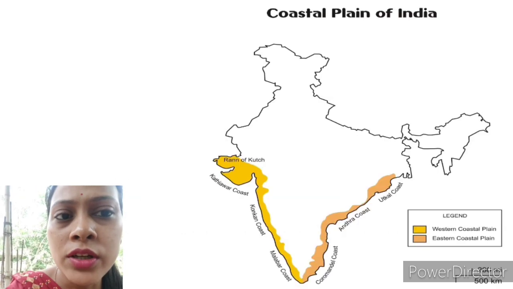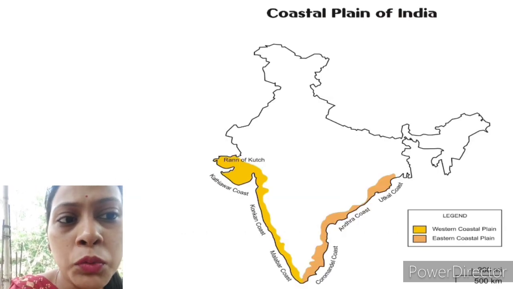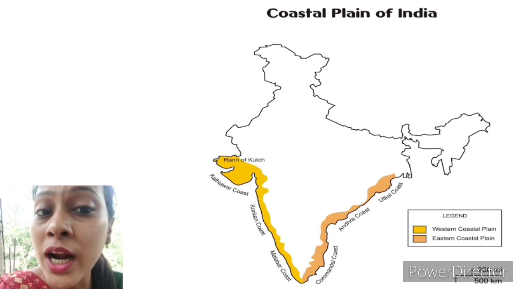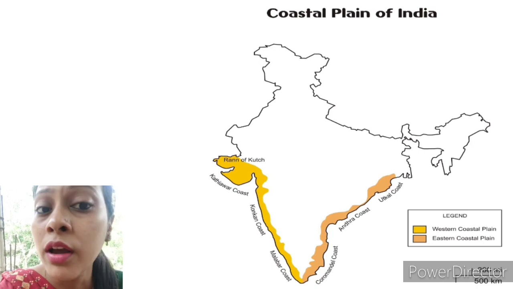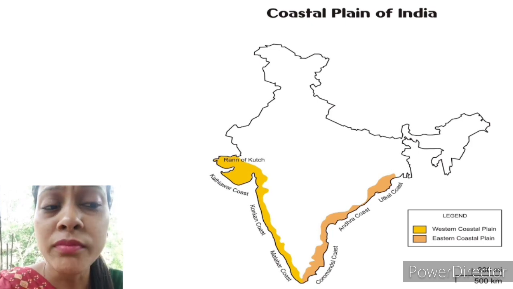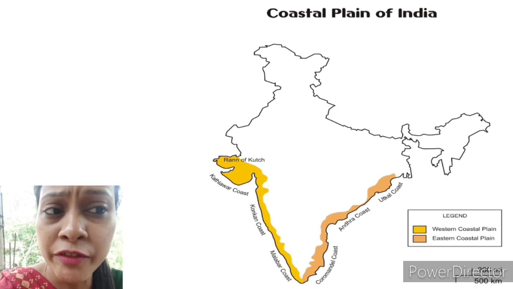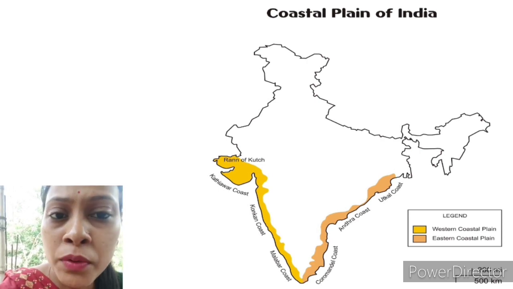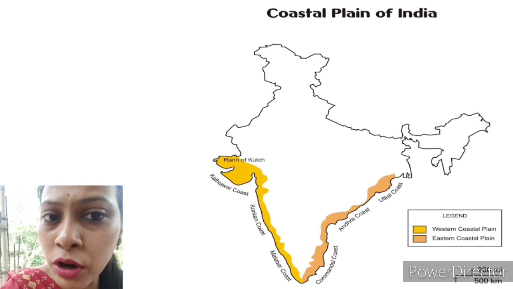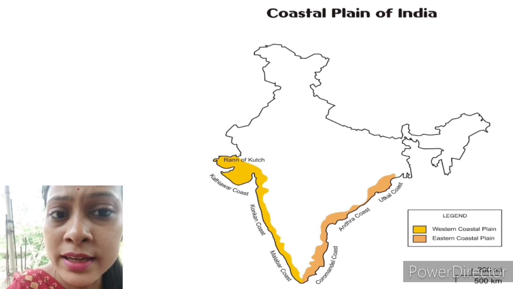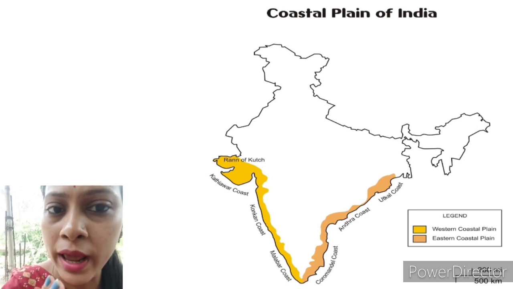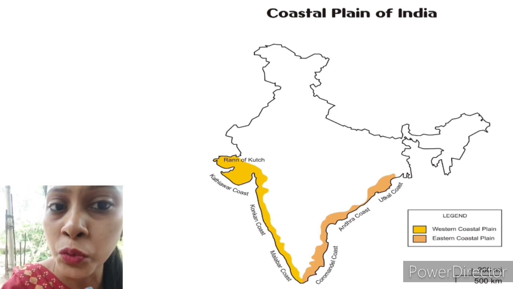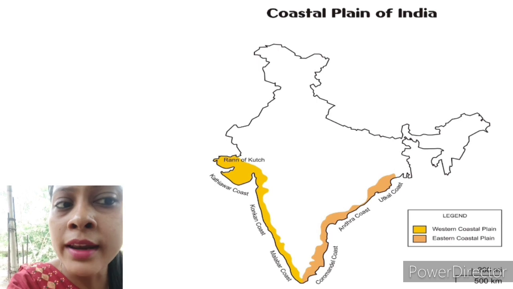So I will just show you the map. Here you can see Utkal Coast and Andhra Coast. These are just the two parts of Northern Sircar. Northern Sircar extends from the West Bengal border towards Andhra Pradesh, and in general it is known as Northern Sircar, which has been divided into two, that is Utkal Coast and Andhra Coast.